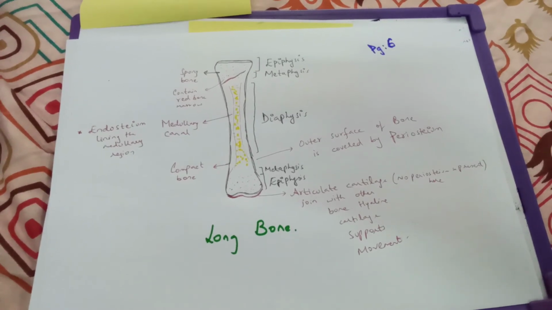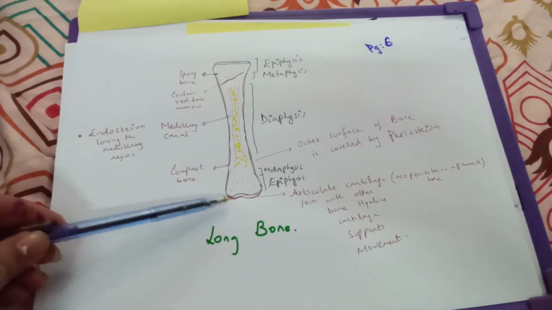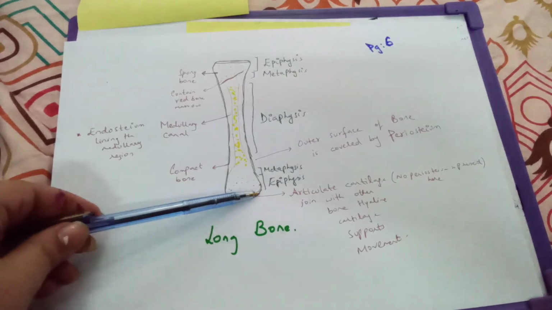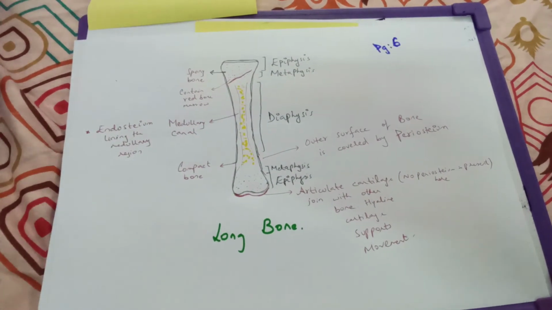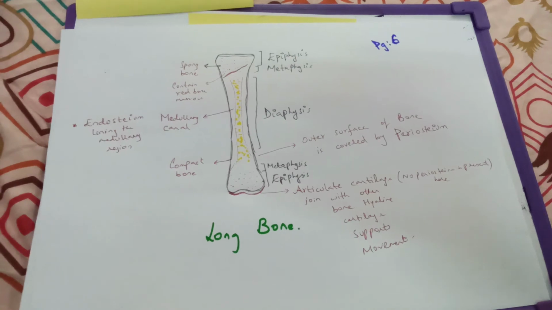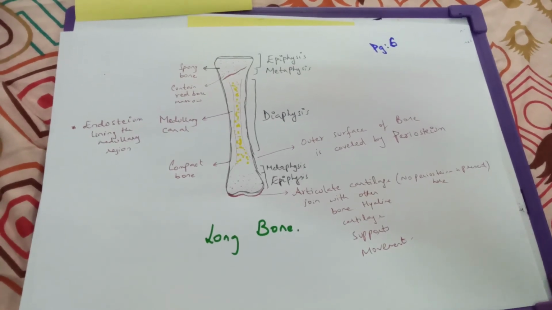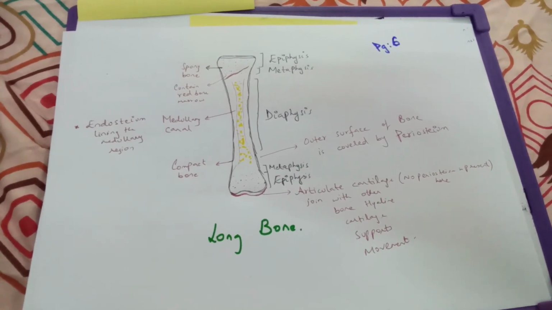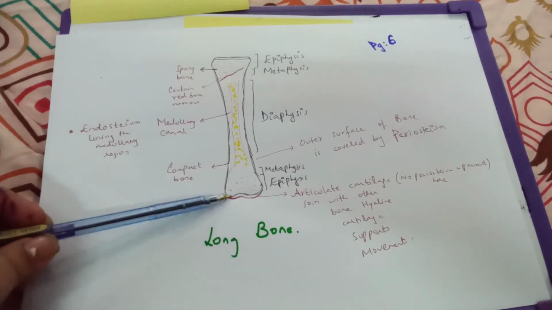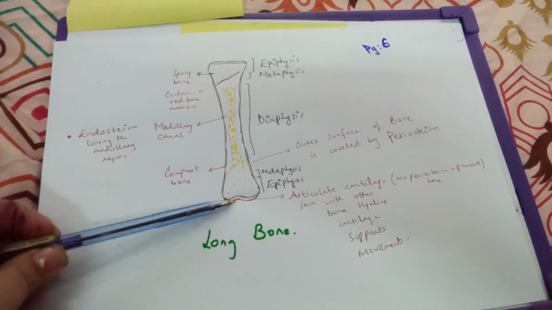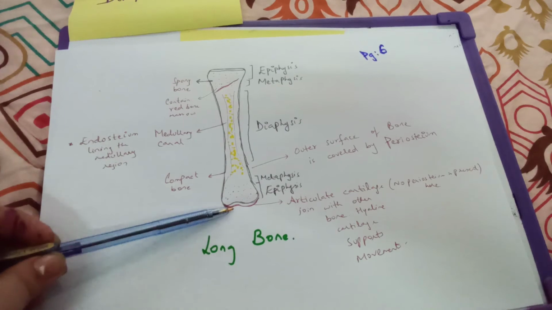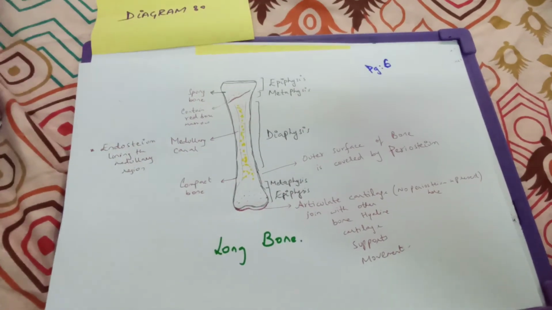Okay, the medullary region. Here periosteum is not consistent. Here there is articular cartilage. Why there is articular cartilage? Because here there is bone to bone attachment. For this purpose there is articular cartilage which is made of hyaline cartilage, right?